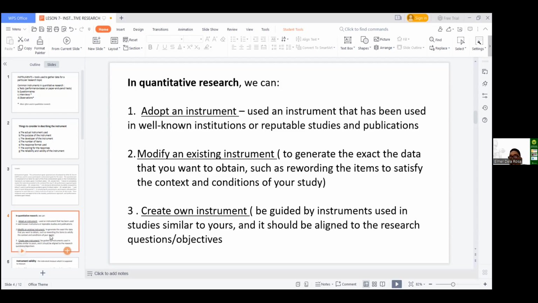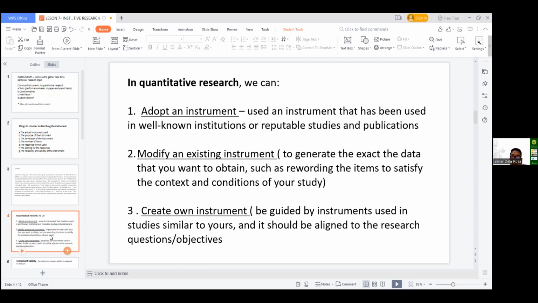Ang maganda naman ngayon dahil tayo ay marami ng online publication, authors are generous enough to share instruments that they use in their study because by sharing, they can be cited as well. It will increase their citations. They are generous enough to share links.